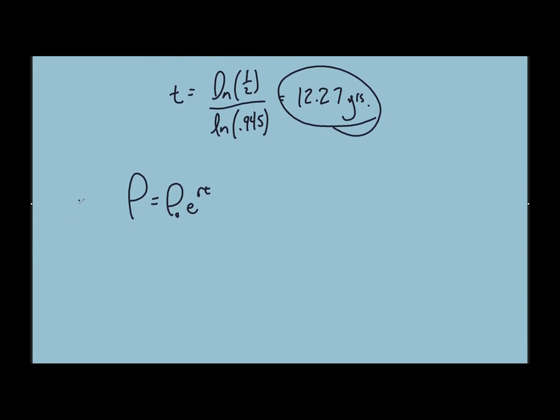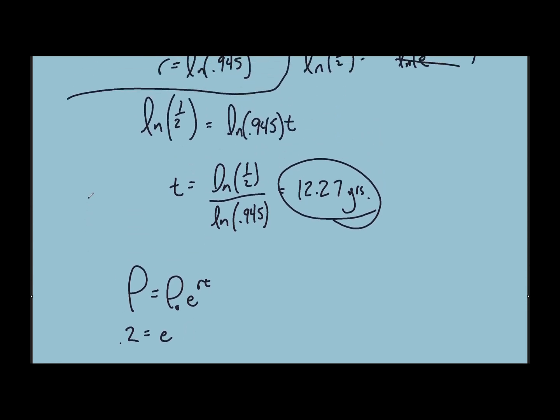And we know these. We want 20% of the original, and this would be just 1. So it's going to be 0.2 equals e to the RT. And that would be ln 0.945 t, wouldn't it? I feel like that's correct.